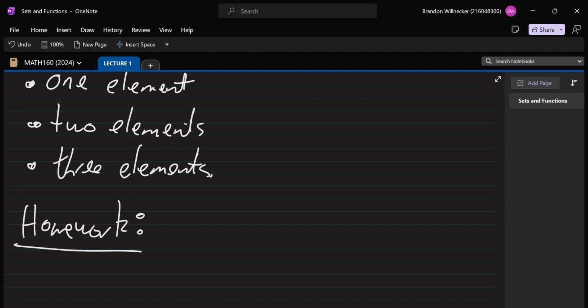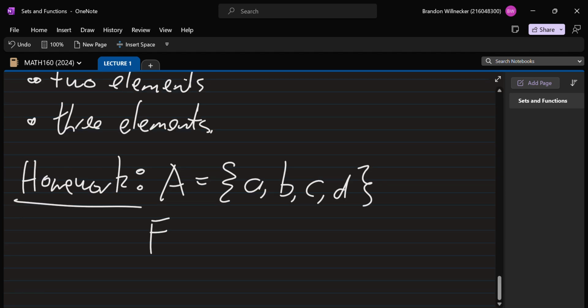Solutions won't be available. You can come to my office if you would like to go through the solutions. But this is very good to go through because a lot of the test questions come from the homework questions. Homework: A is given by A, B, C, D. Find the power set of A.